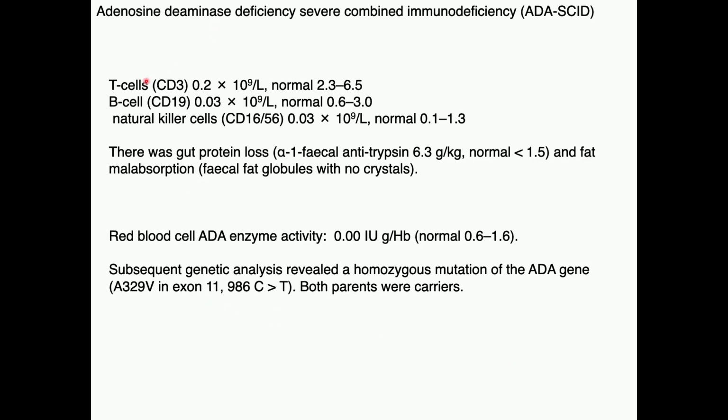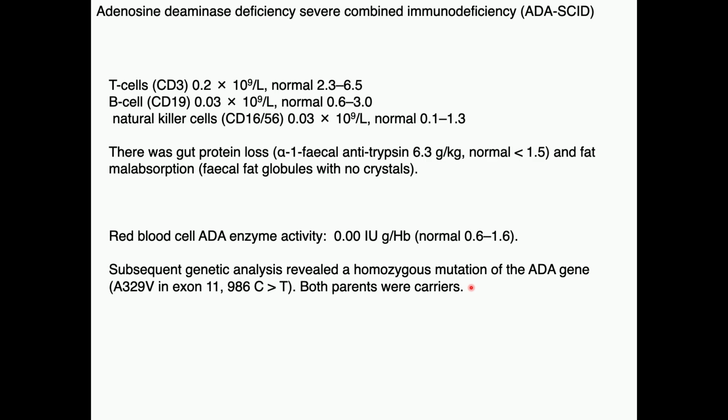So we've got T cells and B cells and natural killer cells, and these are all greatly decreased. The red blood cell adenosine deaminase enzyme activity was absent. And genetic analysis revealed that there was a homozygous mutation in the adenosine deaminase gene, and that same mutation was found in both of the parents.